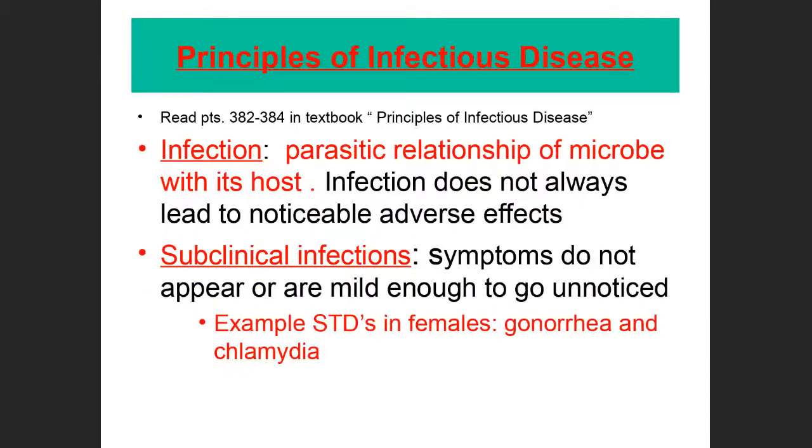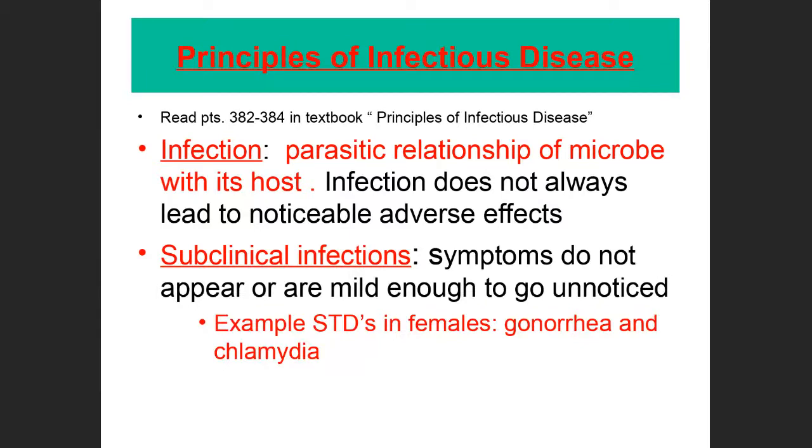Okay, so we talked about how we are already infected with microorganisms, but the kind of infections that harm us are the ones with a parasitic relationship with the microbe. Oftentimes, microbes establish a subclinical infection. This is one in which there are no overt signs or symptoms of an infection because they're very, very mild, so they go unnoticed for a long time.